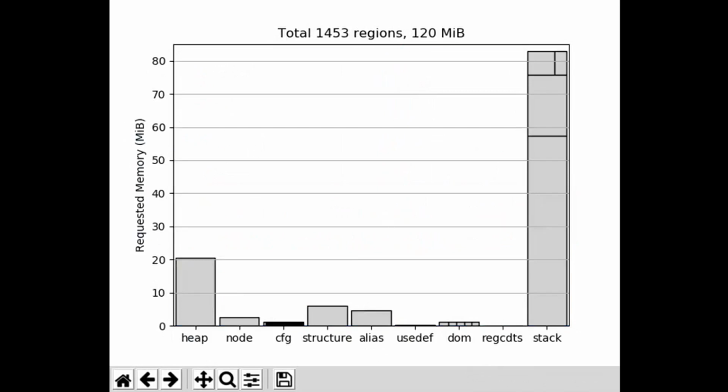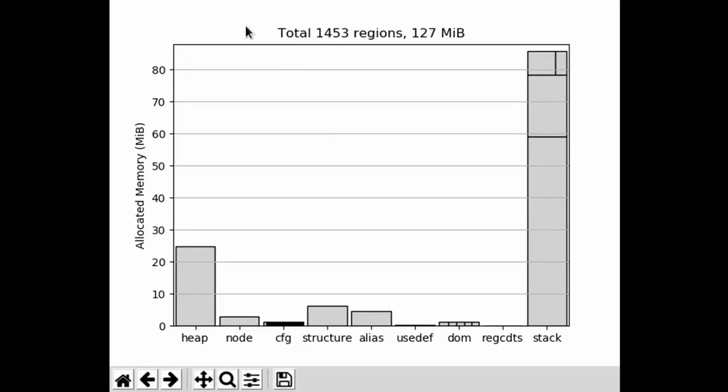And here, it's able to reconstruct all of the regions that exist, and how much memory is allocated in each. These are the same categories that were shown in the stack plot, but now they're a bar chart showing, again, requested memory, but you can look at allocated or backing.